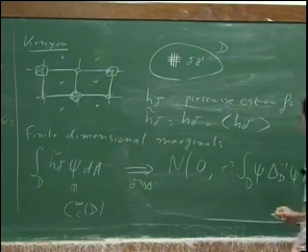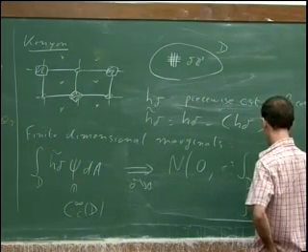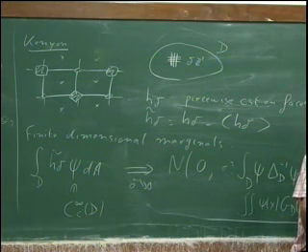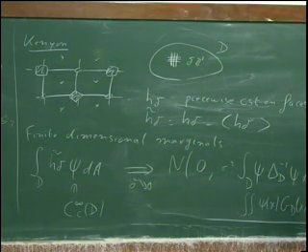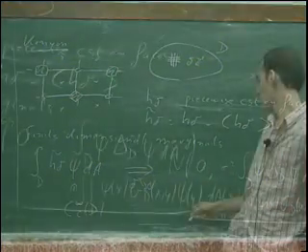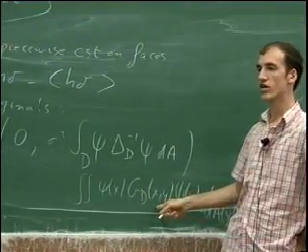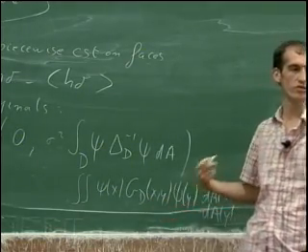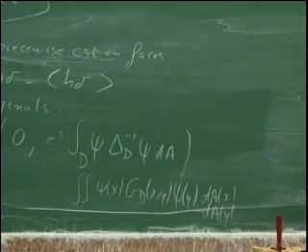So you can write it slightly more explicitly as the integral of psi against the covariance kernel, which is just the Green kernel for the Laplacian with Dirichlet boundary conditions in D. Okay.